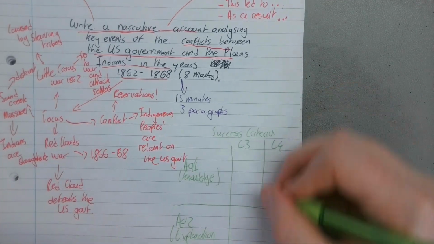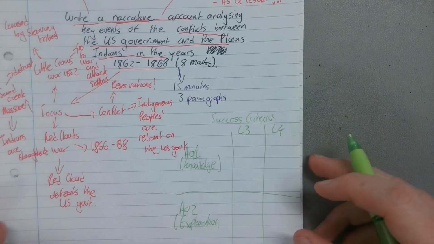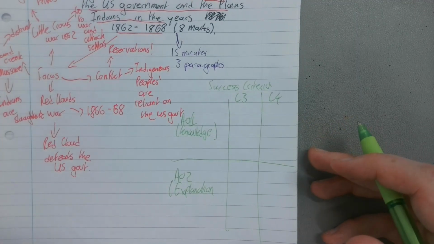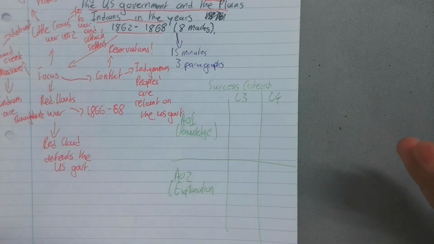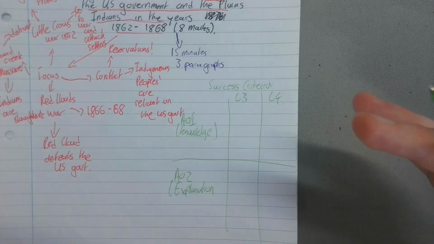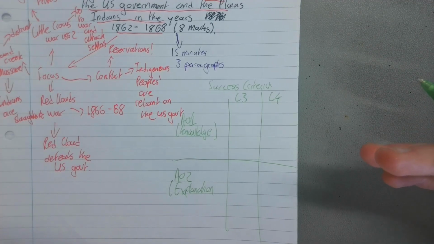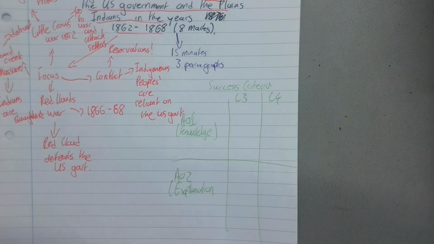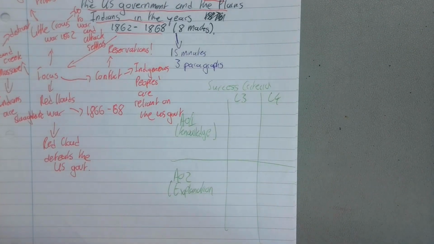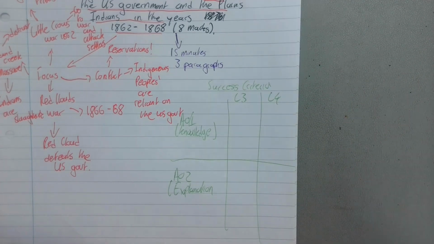Again, a polite reminder, level 3 does not necessarily mean that you are a grade 3, it's the quality of your answer. Likewise, a level 4 does not necessarily mean that you are a grade 4. If you are consistently getting level 4s across all of your exam questions, that means you are 8 and 9 material. If you are consistently getting level 3s across the boards, that means you are 5, 6, 7 material. So let's have a quick look here.